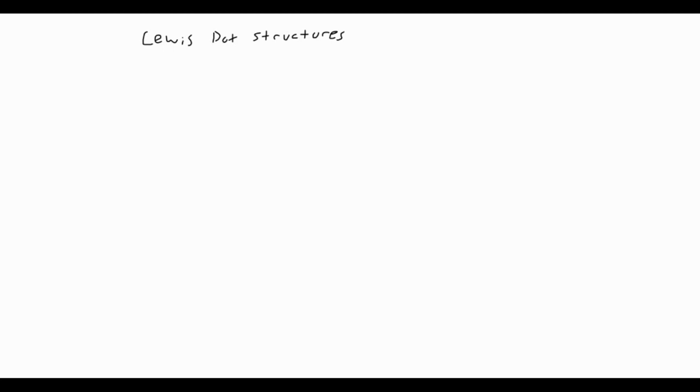So the steps for drawing these Lewis dot structures are as follows. First, we draw a skeleton of whatever molecule we want. So let's take H2O as an example.